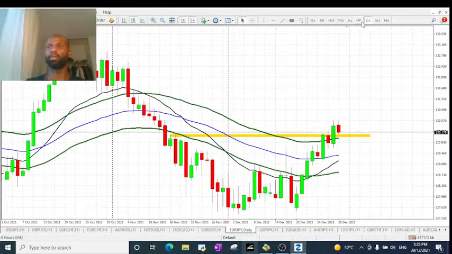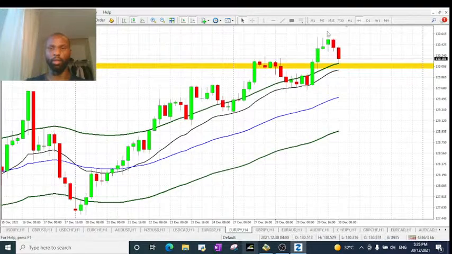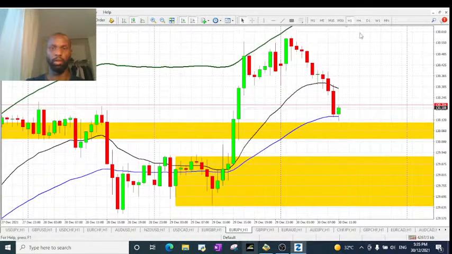I mean, I'm liking what I'm seeing in Euro Yen, that's for sure. I wonder how low we might retrace. We might come down all the way here. Okay, it's possible we might retrace all the way here.